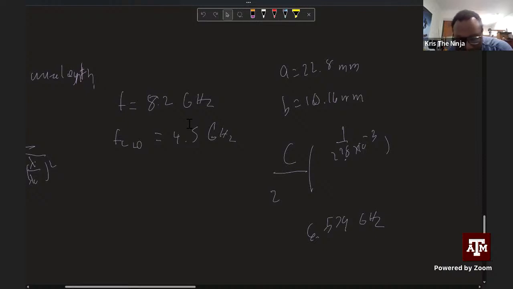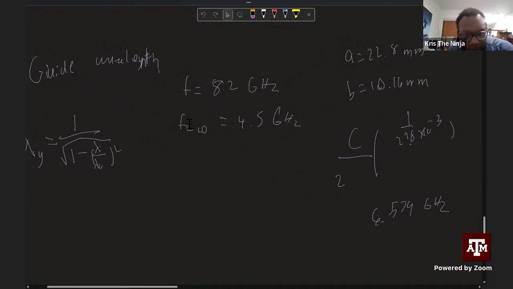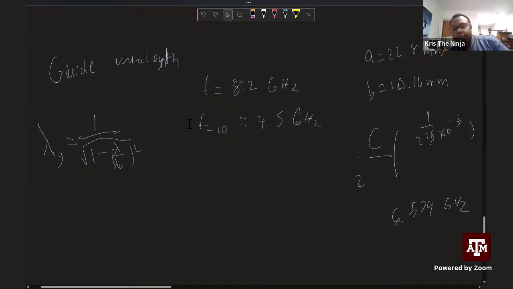Basically, guide wavelengths essentially come from waveguides, and you're gonna call me crazy, but the velocity inside of a waveguide can sometimes exceed the speed of light. So sometimes guide wavelengths are a little bit high.